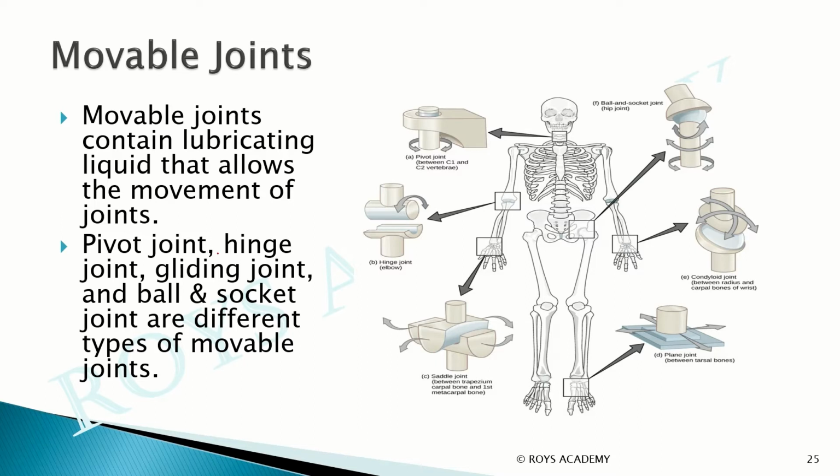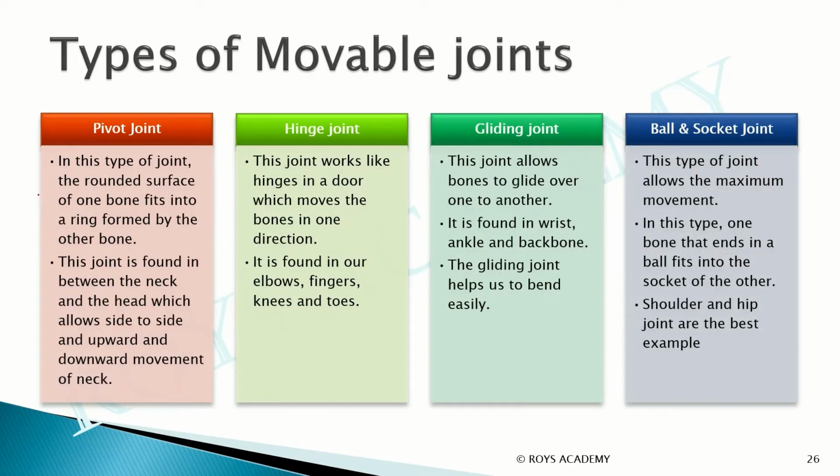Pivot joint, hinge joint, gliding joint, ball and socket joint are different types of movable joints. Here are the details of the four types of movable joints.